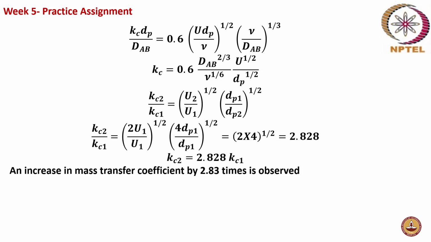That means there is an increase in mass transfer coefficient by 2.83 times compared to the initial mass transfer coefficient when you double the superficial velocity and decrease the particle diameter by one fourth, provided the other parameters are constant and your Reynolds number is sufficiently high.